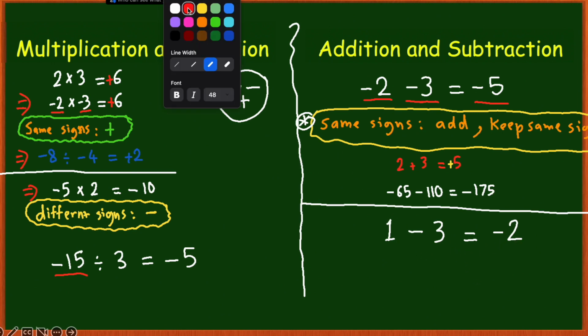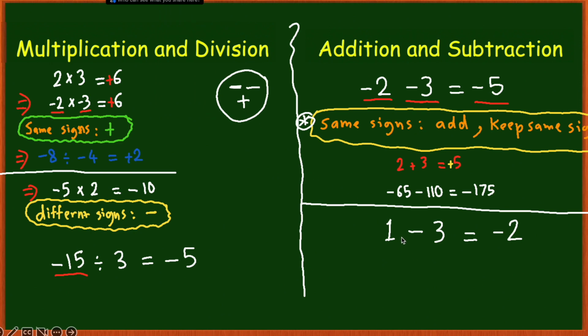To conclude the rule, we will look at this. Look at the absolute values of the numbers. That sounds complicated. Just look at the numbers without the sign. 1 compared to 3. Which one is bigger? 3 is greater than 1. Again, we're not talking about -3 here. The sign of 3 is negative, absolutely, but we're just talking about absolute value.